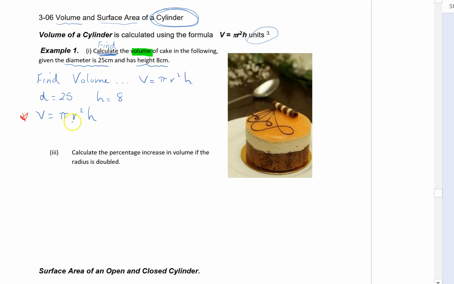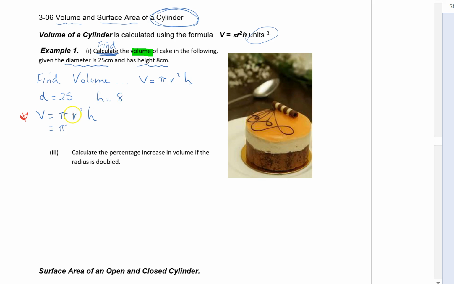Why? Because it gives me a pattern to follow. I'm finding V, no problem. Pi is a number. However, at this stage I say, oh, the pattern says I've got to find the radius. I've got to substitute a value for r. I didn't come across r anywhere in the question.